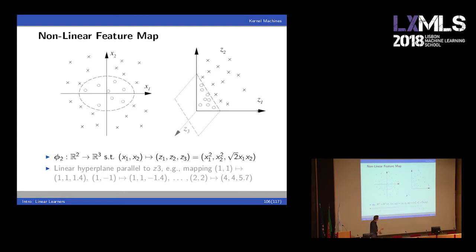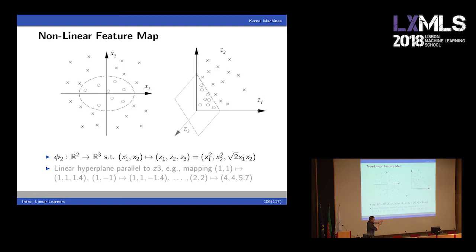So let's look at a few examples. The small values, which are at distance 1, like (1, 1), (1, -1), (-1, 1), and so on, will be mapped to something like 1, 1, and 1.4. And all other examples that are a little bit bigger than 1 will be mapped to very large values, right?